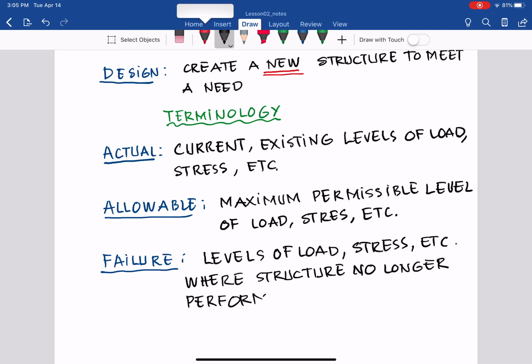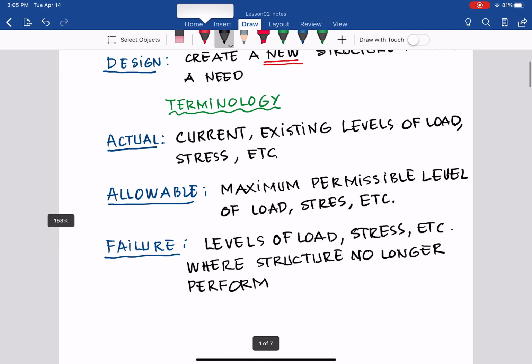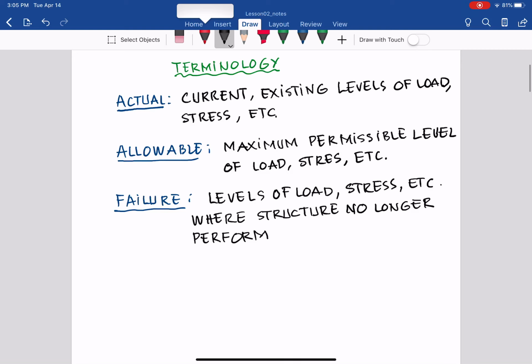An extreme example of failure is the pedestrian bridge at FIU that collapsed a few years ago. As you can see, the load was the failure load during the construction. So those are the actual, allowable, and failure level terminologies that we have.